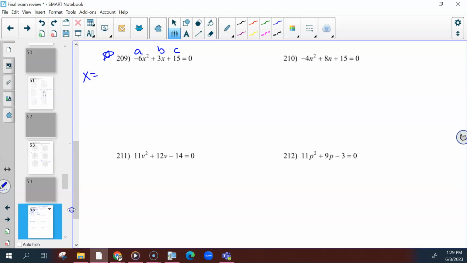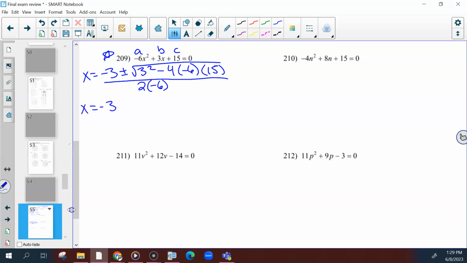X equals negative B. 3 is positive, so it'll just be negative 3 plus or minus the square root of B squared minus 4 times A, which is negative 6, times C, which is 15, all over 2 times A, negative 6. And then start to simplify.